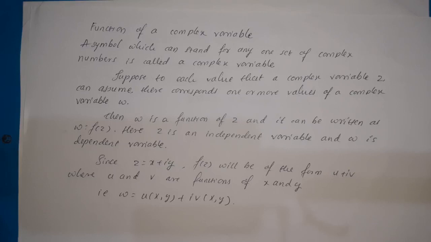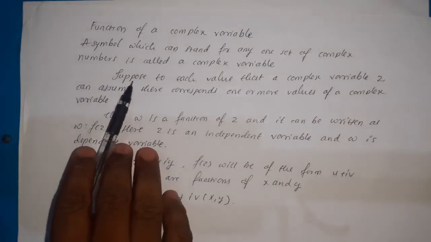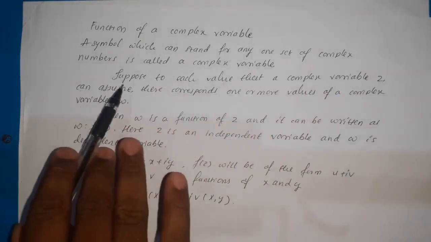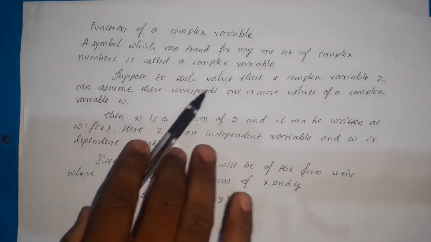By changing the values of x and y, we can represent so many complex numbers by using the representation z equal to x plus iy. So z equal to x plus iy is nothing but a complex variable, because that will make one set of complex numbers.